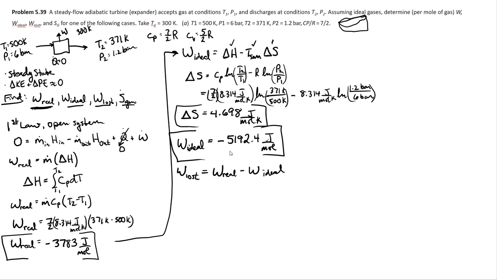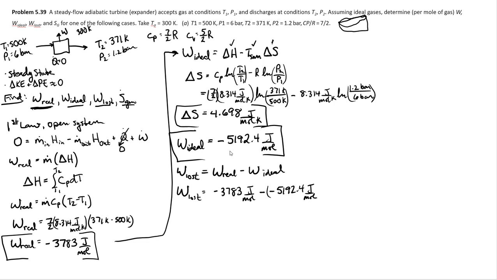We've already calculated those, so all I have to do is plug those in. So the real work, 3783 joules per mole, minus the ideal work, minus a negative 5192.4 joules per mole.